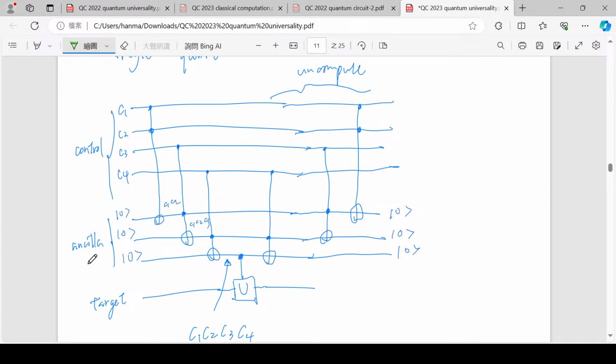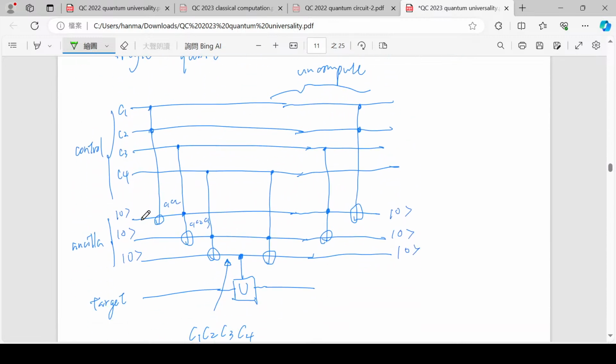Then we need some ancillas that actually get returned to the starting state. Those are a Hilbert space where you store intermediate computation, and then there is the target qubit.